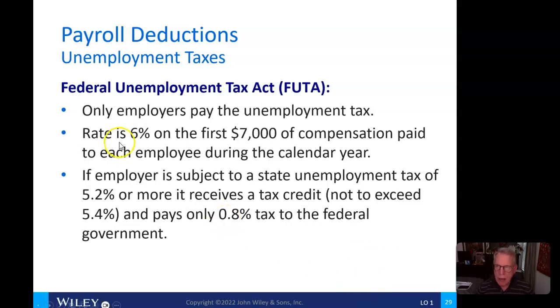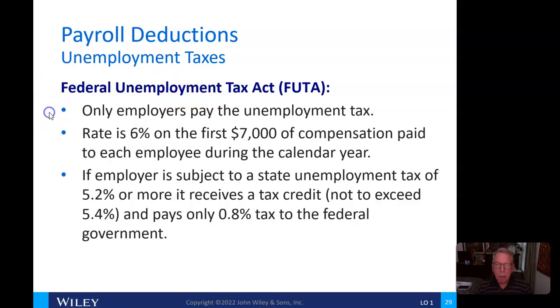All right. Now, the employer also has some requirements. In addition to paying exactly what the employee pays for Social Security, the employer also pays what we call FUTA, Federal Unemployment Tax, which the employee does not pay.